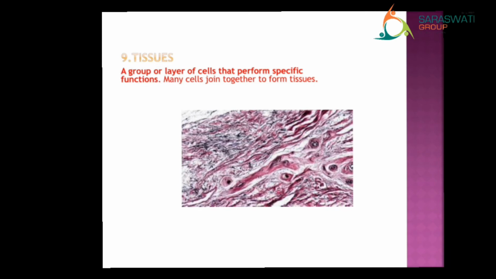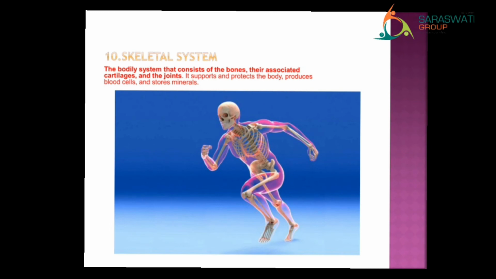And these cells join together to form tissues. Now tissues join together to form organs, and organs help us to carry out our everyday activities. Clear? Now next, number 10, skeletal system.